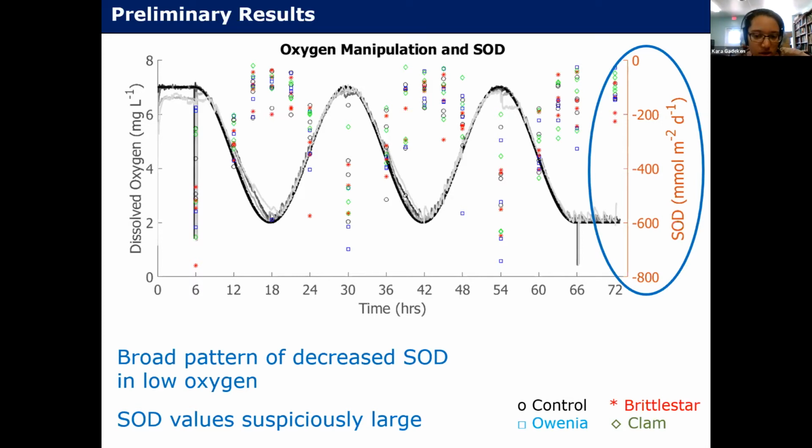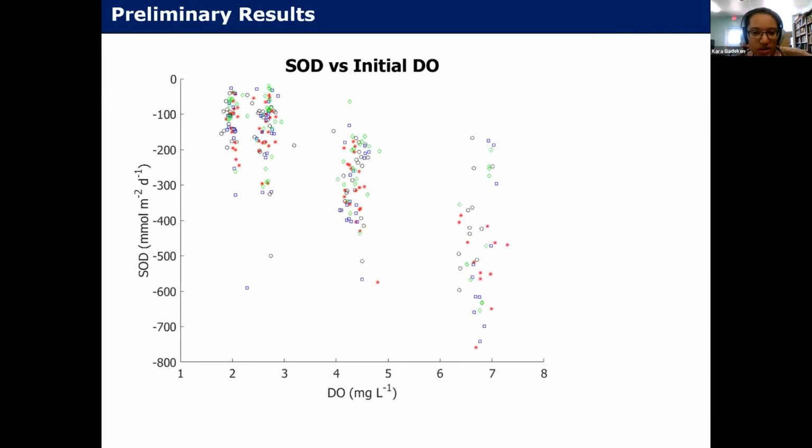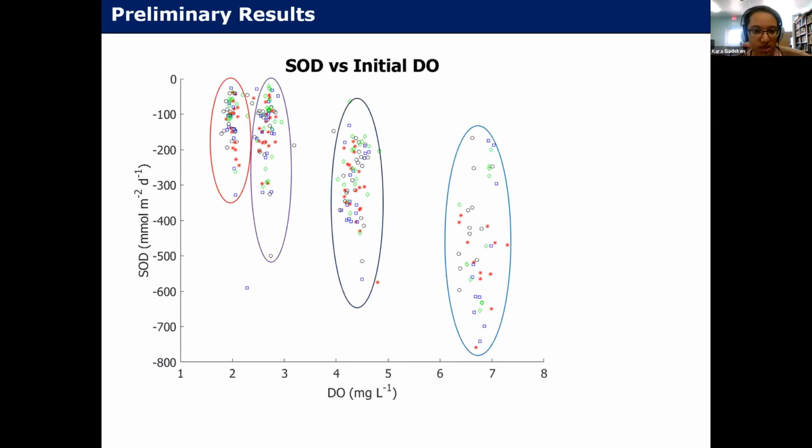Another thing that you'll notice is that there's quite a lot of spread at some of these time points. If we take a look at the relationship between the dissolved oxygen concentration at the point that these measurements were taken and the measurements themselves, the SOD, first of all, they break out into these different groups because I measured DO at these discrete levels.